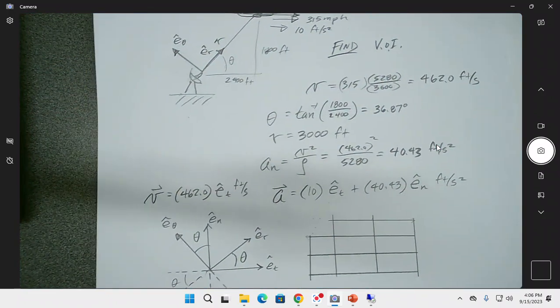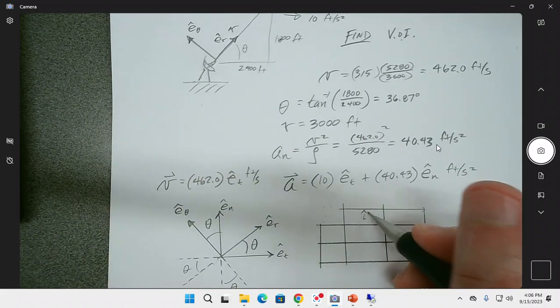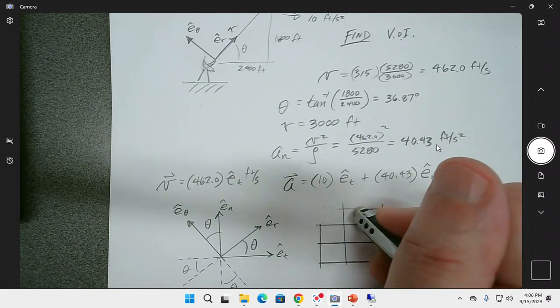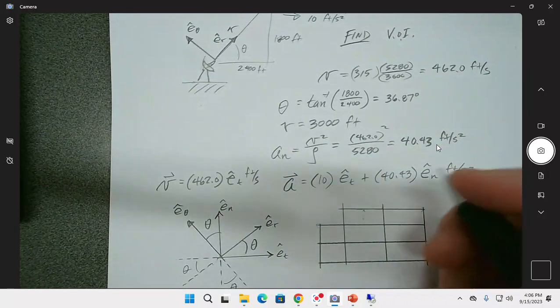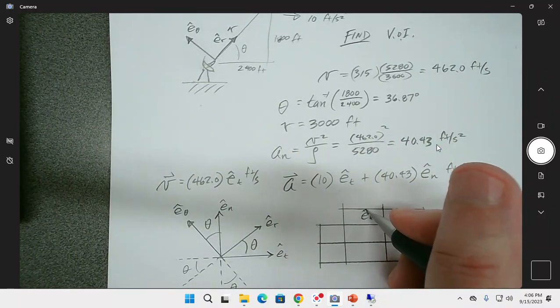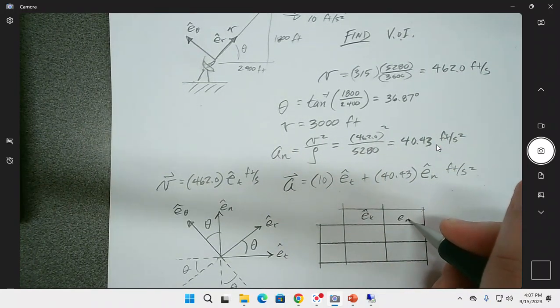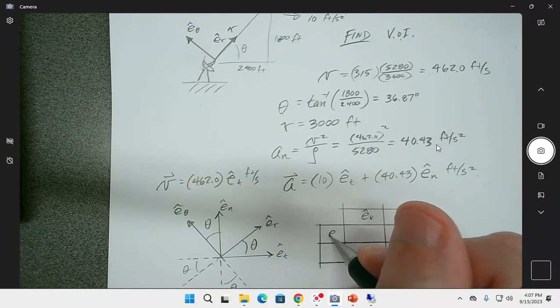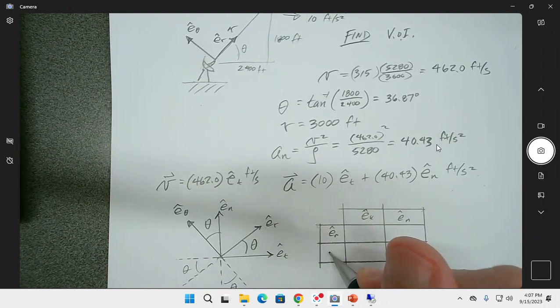Kind of neat. Relatively neat. Oh, no, there's no I's involved in this one. E-T, E-N, E-R, E theta.